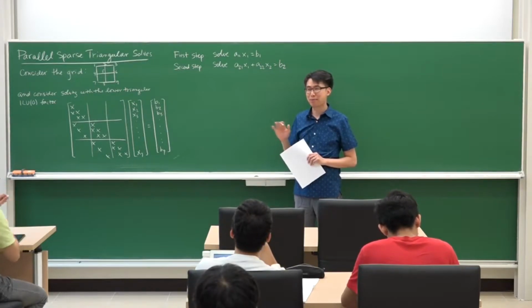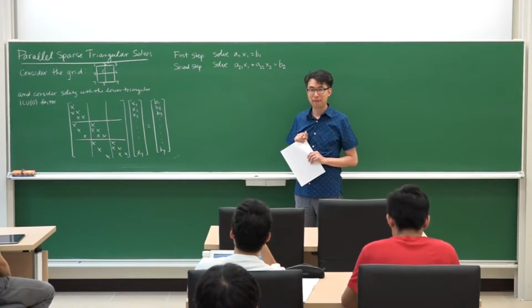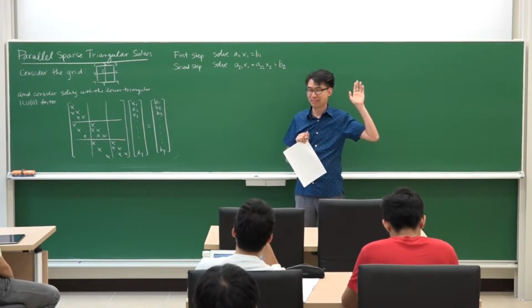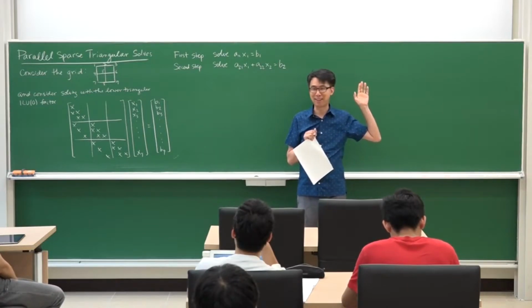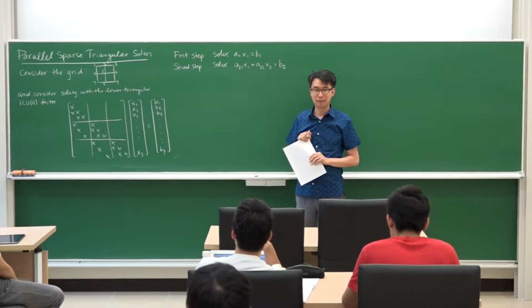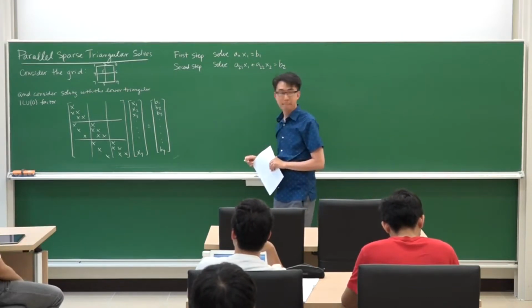That's why I want to make sure everyone can see it. Anybody not see it? If you don't raise your hand, that means I can call on you to answer the question. Yeah.